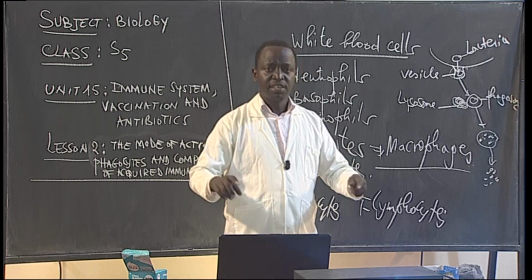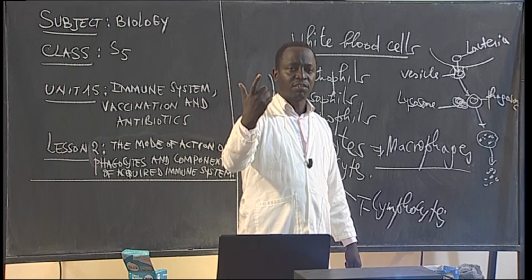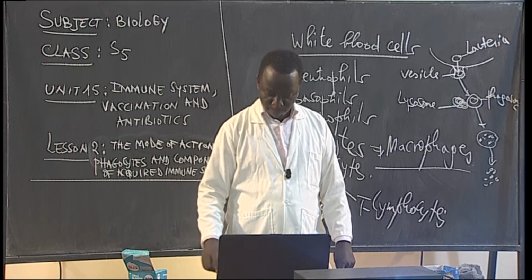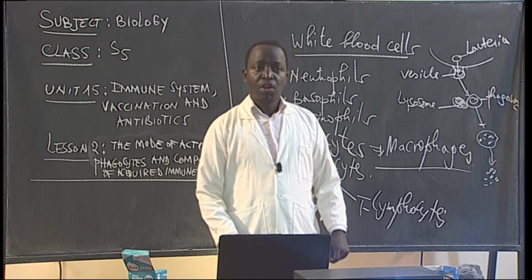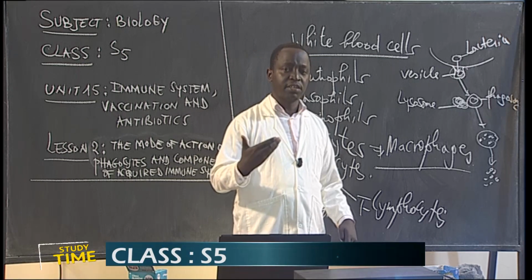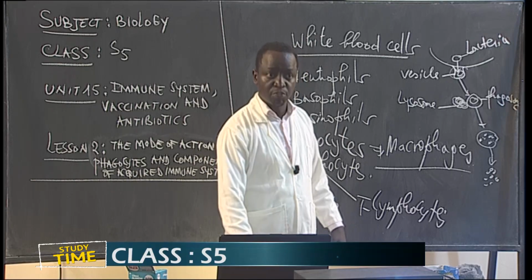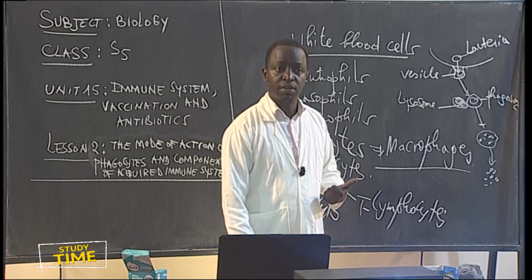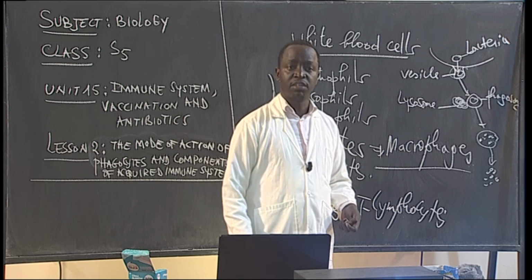They are there just to recognize the foreign material that gets into our body. Nice. So now, how does this cell-mediated immune system respond? Number one, recognition or binding of antigens by T lymphocytes.